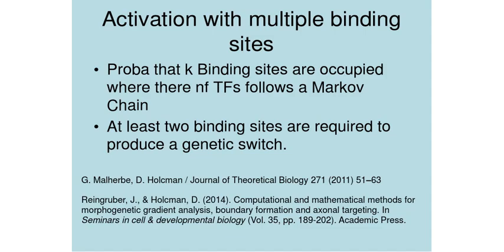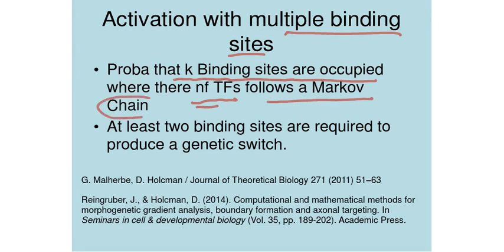So, activation with multiple binding sites. This is what I mentioned earlier. You can look at the probability that K binding sites are occupied when there is a certain number of N transcription factors, and this is given by a Markov chain. I'm not going to describe this much here, just to mention that at least 2 binding sites are required to produce a genetic switch.